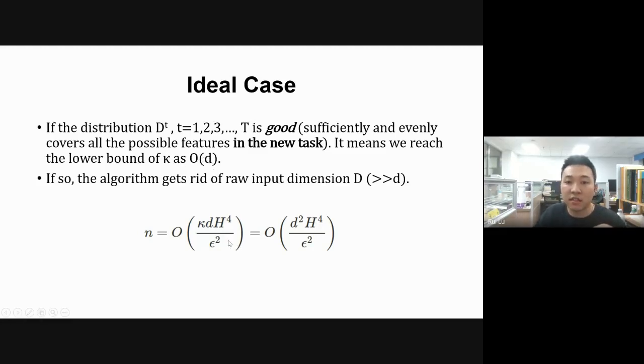So then you further reduce this bound to be d square H. What's important about this is now the algorithm gets rid of the raw input dimension capital D. You no longer need to deal with the original high dimensional raw input. And this makes sense because now you have a compact code and you just need to treat this compact d-dimensional vector, and you don't need to know anything about the original D-dimensional input.